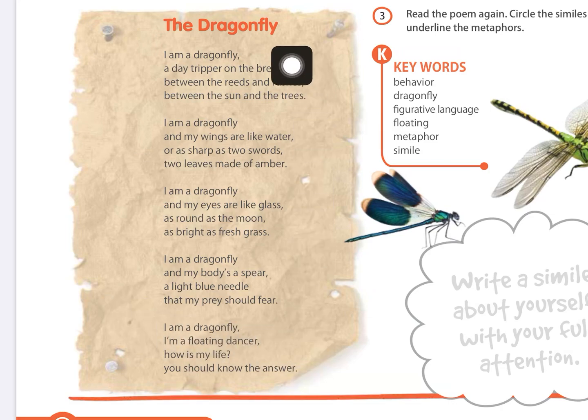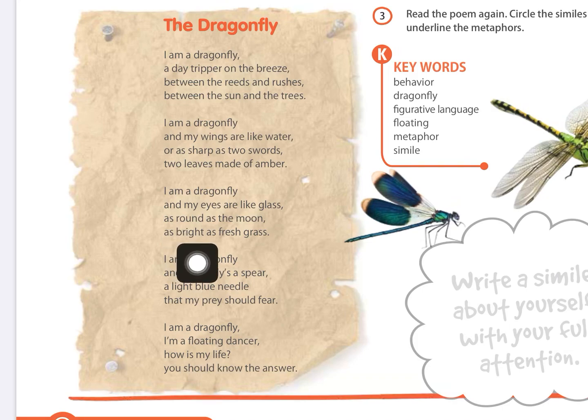The dragonfly. Hey, I am a dragonfly, a day tripper on the breeze, between the reeds and brushes, between the sun and the trees. I am a dragonfly, and my wings are like water, or as sharp as two swords. Two leaves made a member.